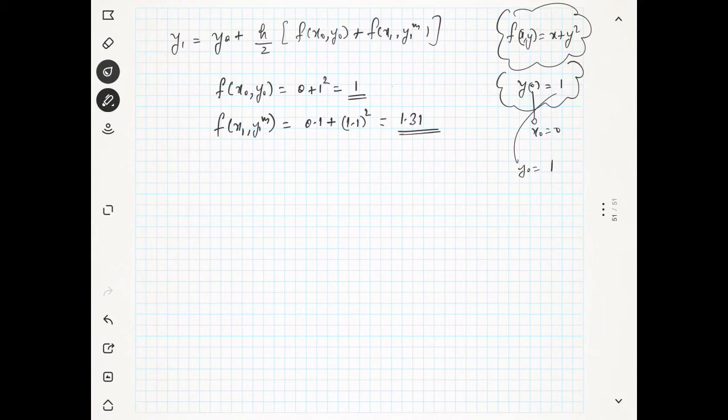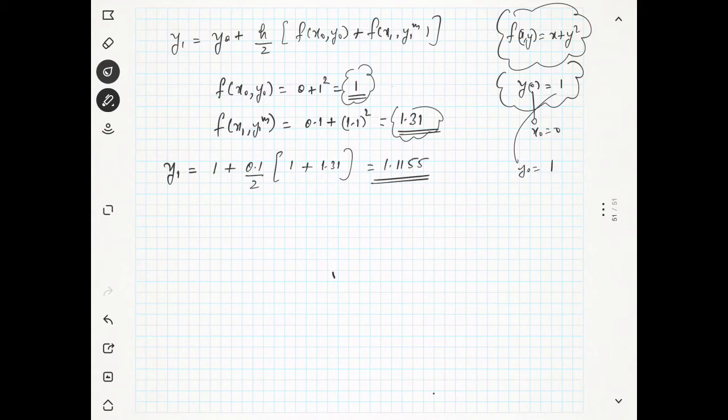Now you can calculate y1. Y1 is equal to y0, which is 1, plus 0.1 over 2 into f of x0 y0, which is 1, plus this 1.31. So 2.31 divided by 2 into 0.1 plus 1 is equal to 1.1155.